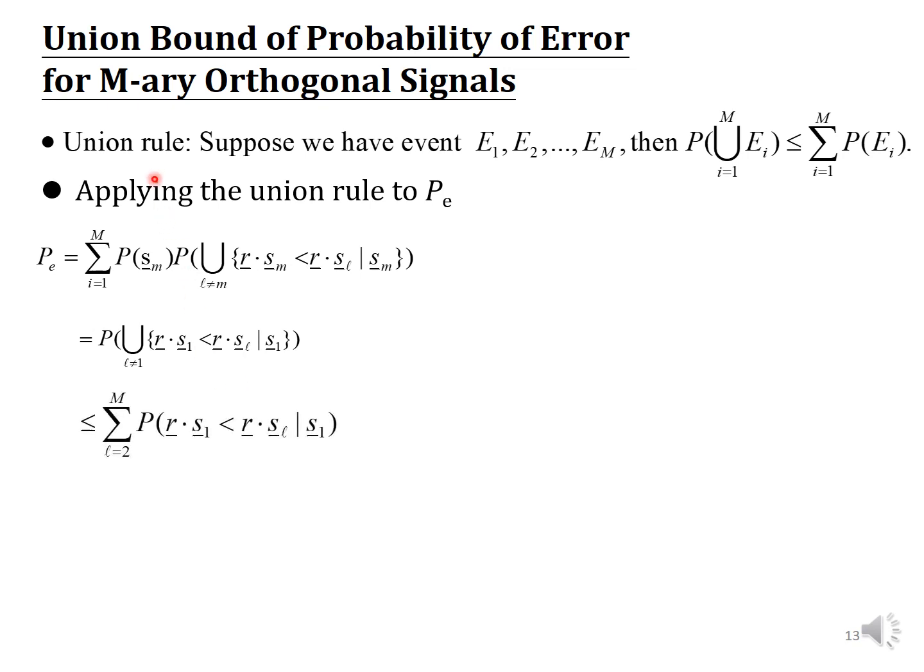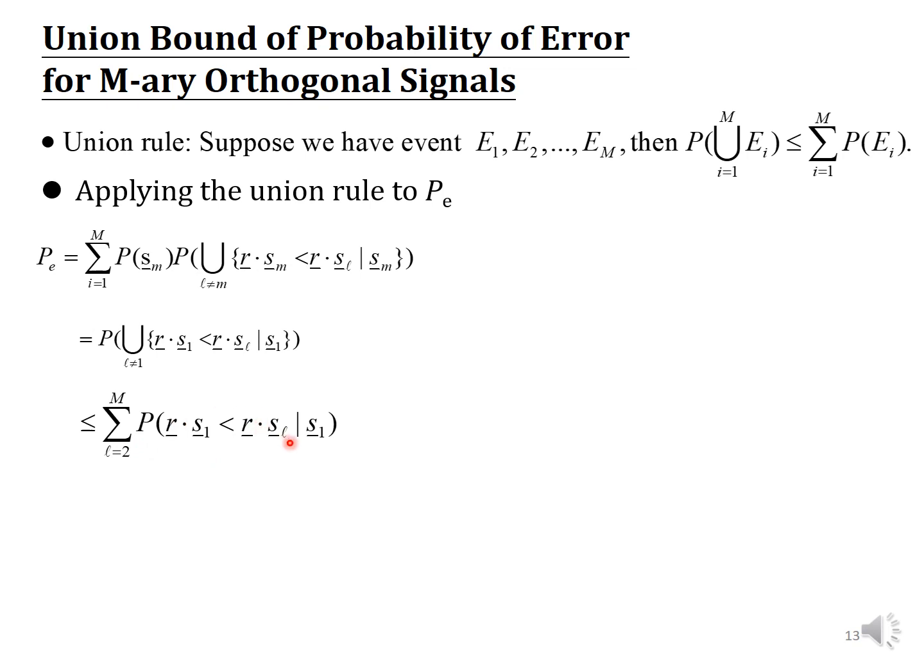And by this union rule, the union of the error cases would be less than or equal to the summation of each error case, right?